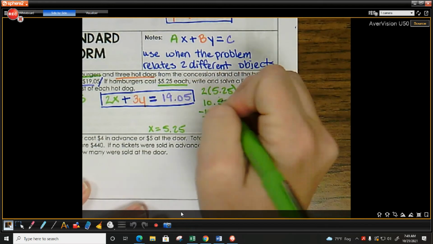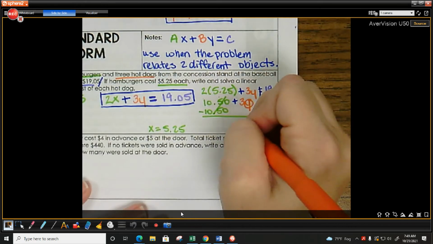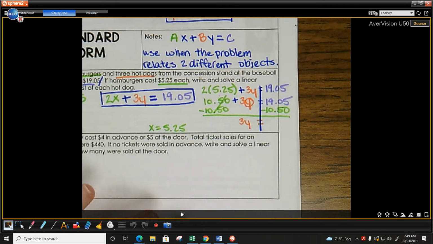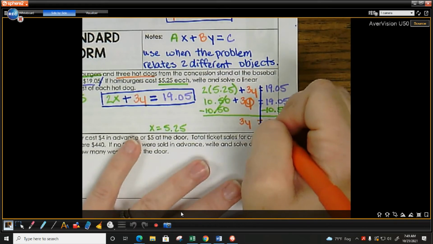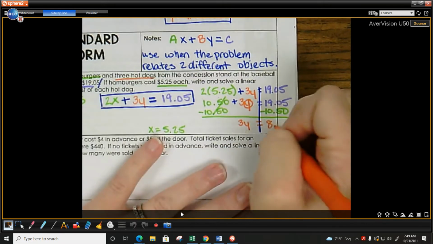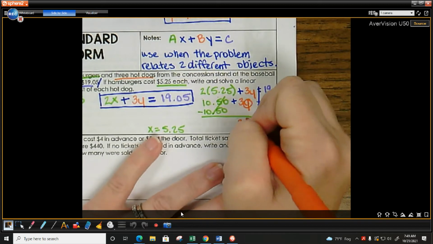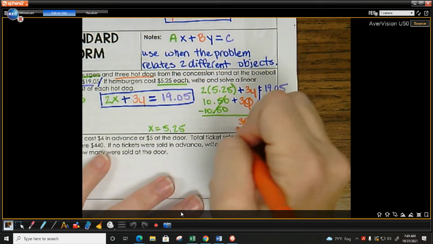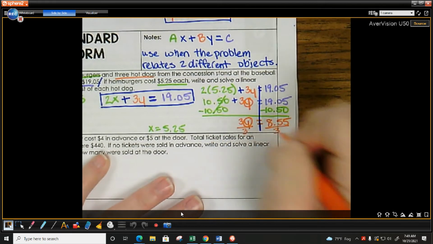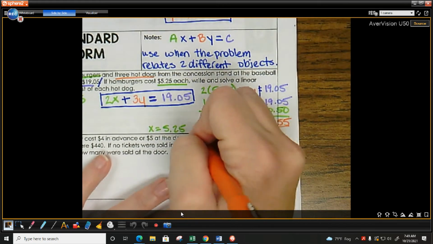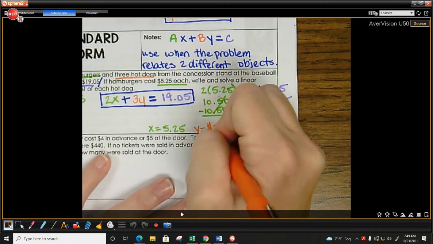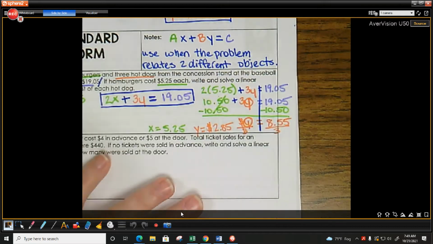And then I have 3Y equals, what's $19.05 minus $10.50? $8 and what? 55 cents. Very good. Keep your Y circled. What do I do to get Y by itself now? Divide by 3. And we get Y equals $2.85.